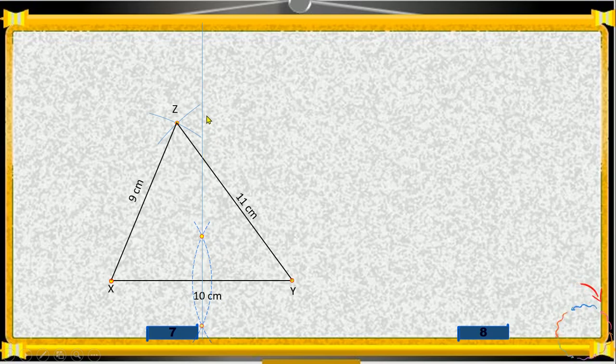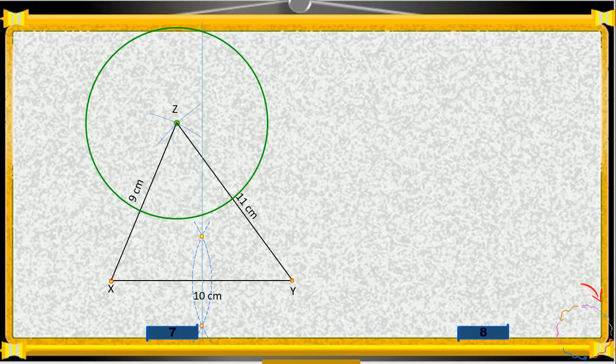The next thing we are going to do is to find the distance of the health center from Z, which must be exactly 10 kilometers, and that will be the radius of the circle we are moving around with Z at the center. So now with the compass at Z and the radius of our compass, which will be the distance of the health center, in our scale 5 centimeters, we draw a circle.